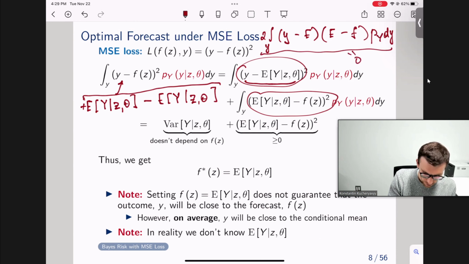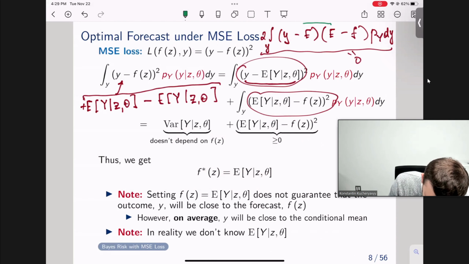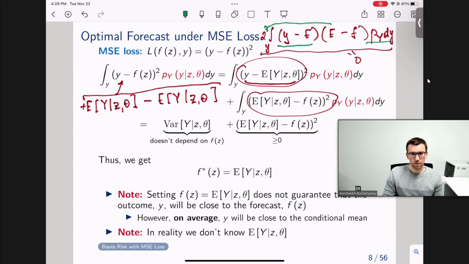Why? Because we can take this out of the integral sign, and then integrating this over this is 0, because this expected value part doesn't depend on y, and the integral of y over p(y) is the expected value. So the whole thing turns to 0.